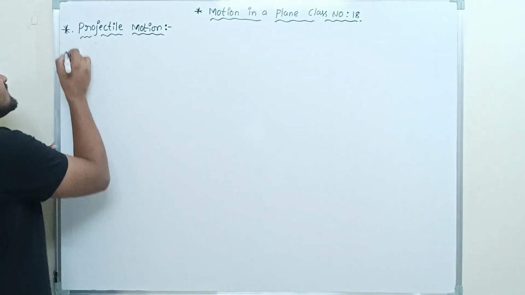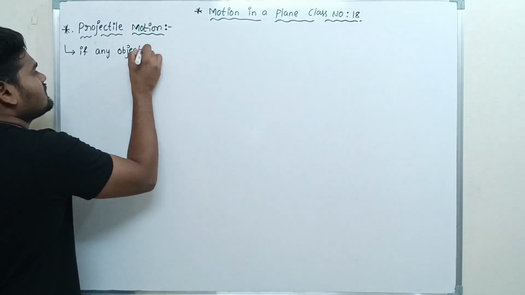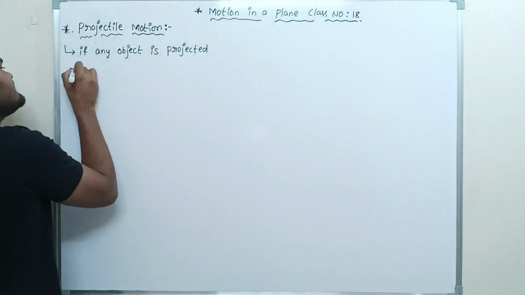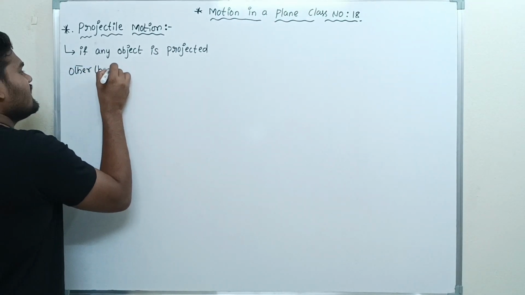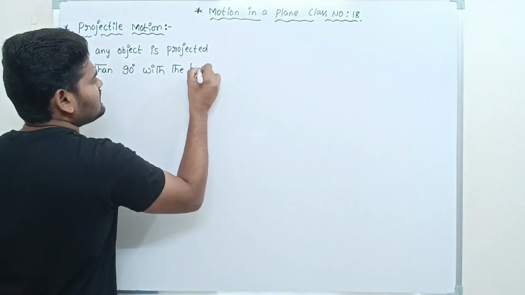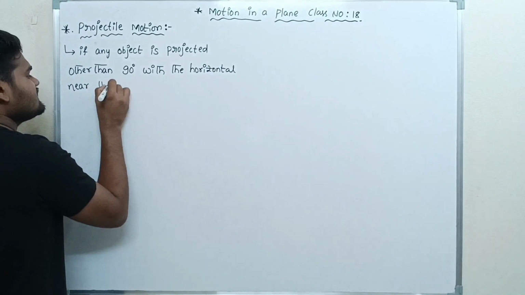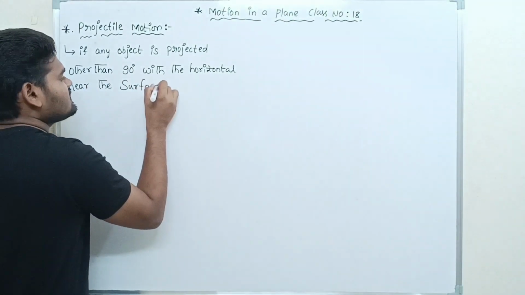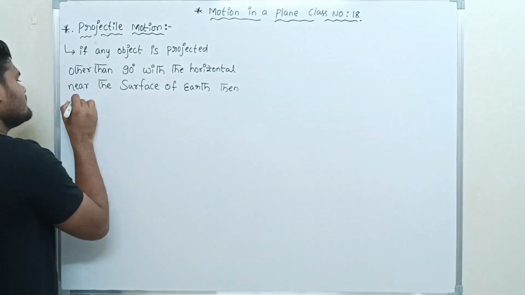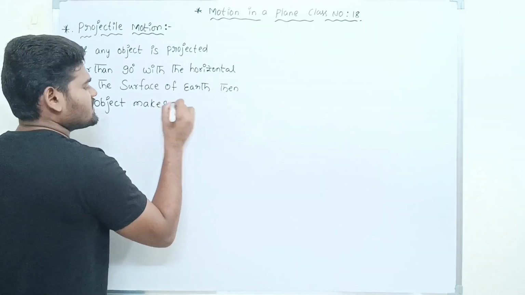What is the meaning of projectile motion? If any object is projected other than 90 degrees with the horizontal, near the surface of earth, then the object makes projectile motion.